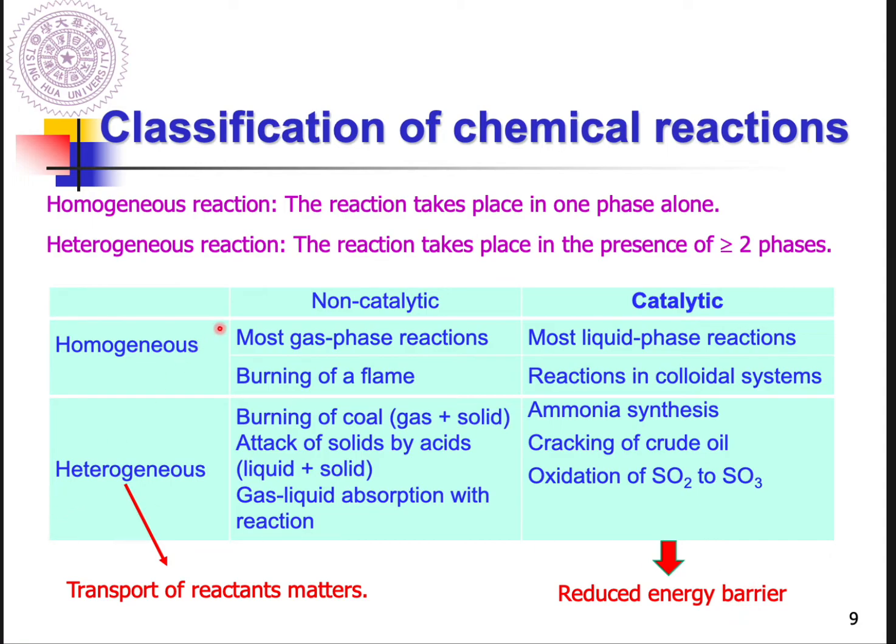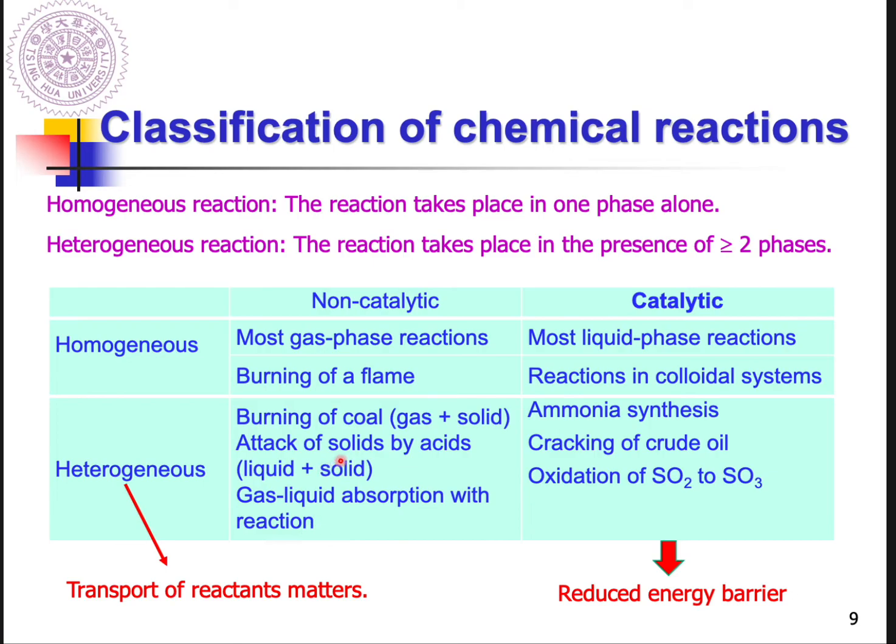And some people will probably ask, what's the difference between homogeneous and heterogeneous in reaction rate? For the homogeneous one, because the reactants are in the same phase, we don't need to consider the transport of the reactants.